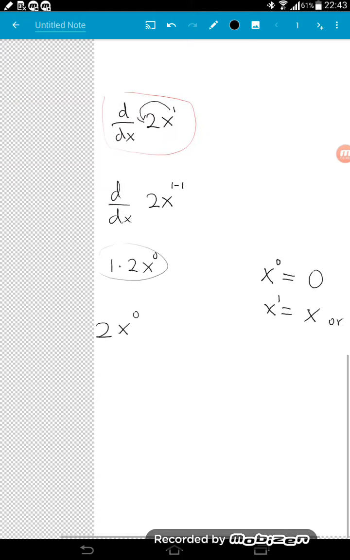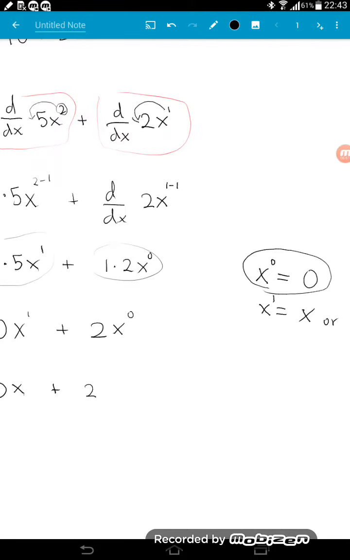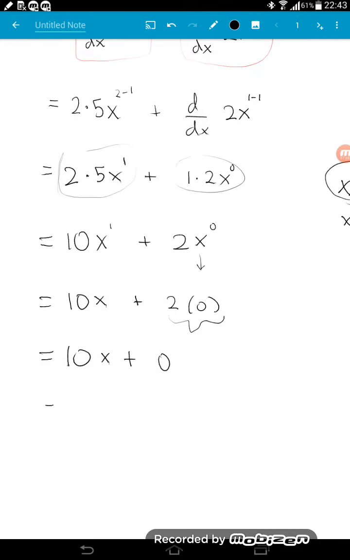It's just the same thing. So since you've got x to the power of 0, which equals 1, basically over here you got 2. So 10x plus, what is 2 times 0? It's just going to be 0. So your answer is just going to be 10x.